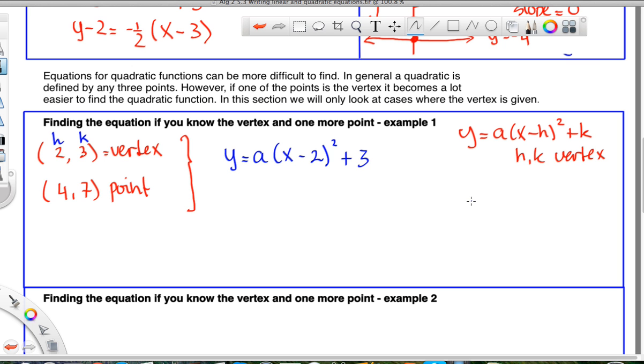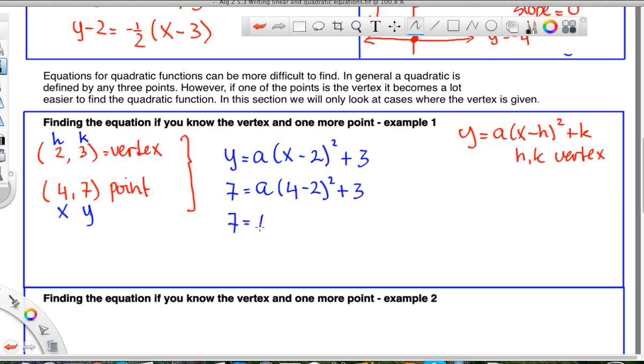Now the idea here is the same thing as what we did earlier with the straight lines, and that is that this is an x and then this is a y. So you can put the 7 where the y is, and then the 4 where the x is. And now you just need to solve. Now there is a little bit more involved to solve here, because 4 minus 2 is 2, and then you have to square it, so that's 4.